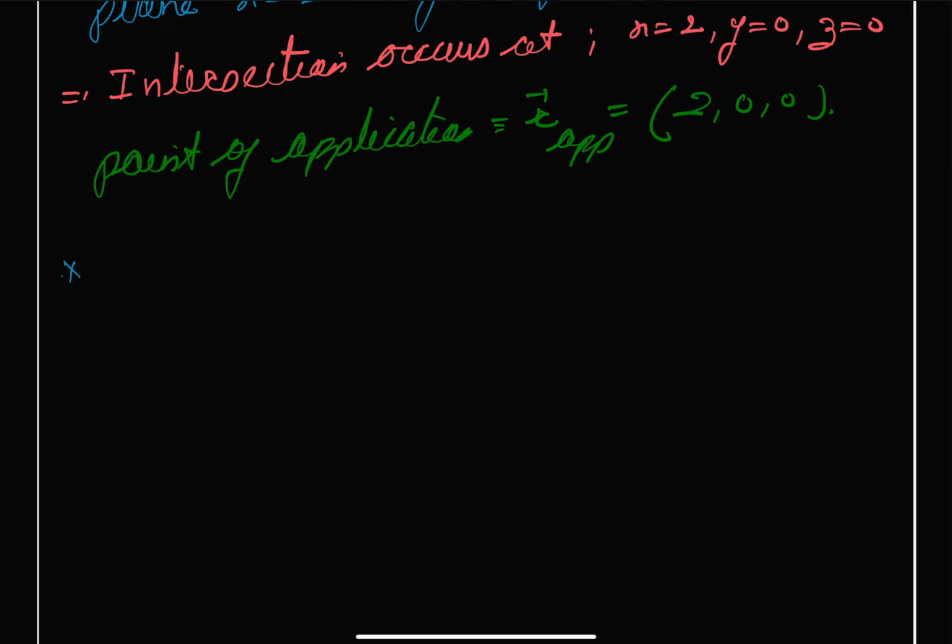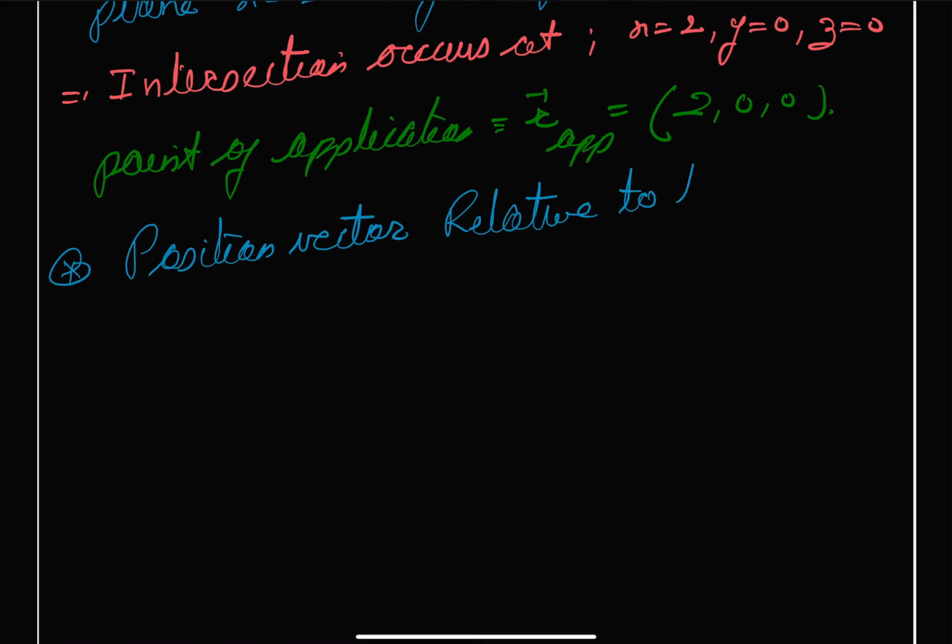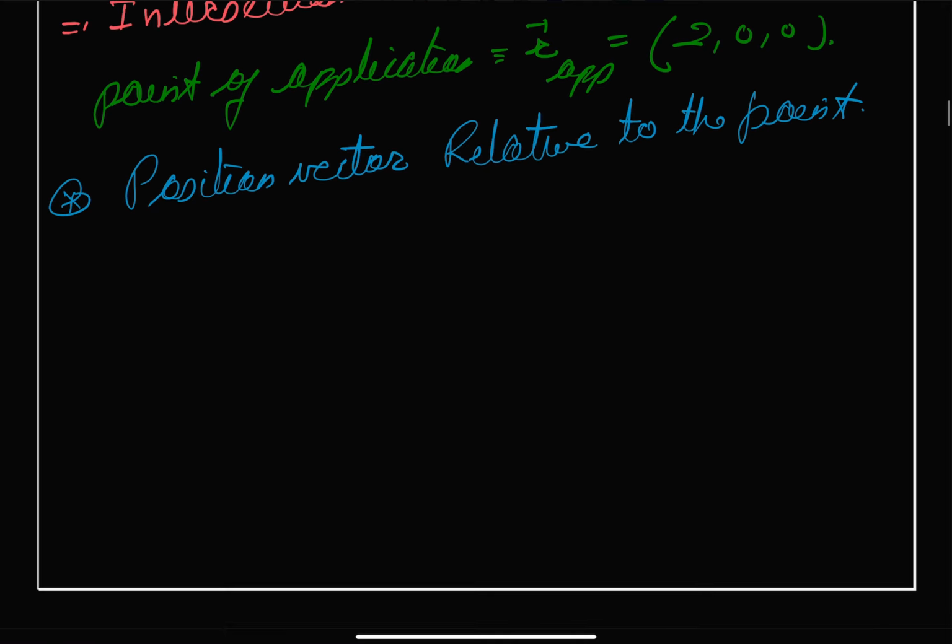So you can say that position vector relative to the point, and we are supposed to calculate the torque with respect to the point, that is 2, 3, 4.